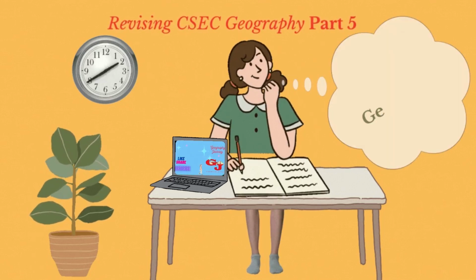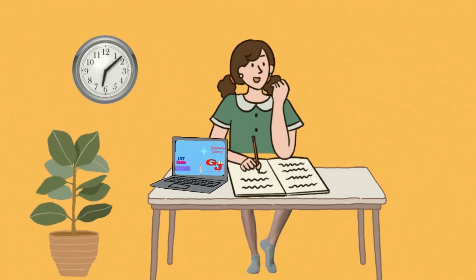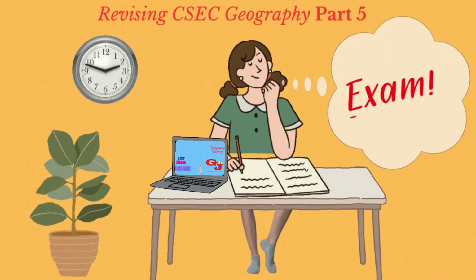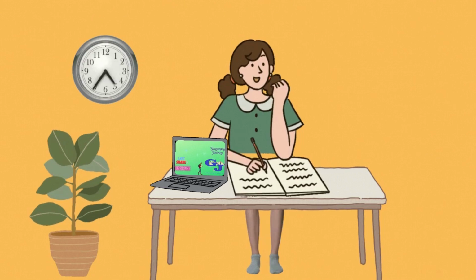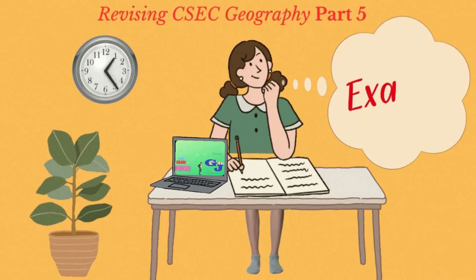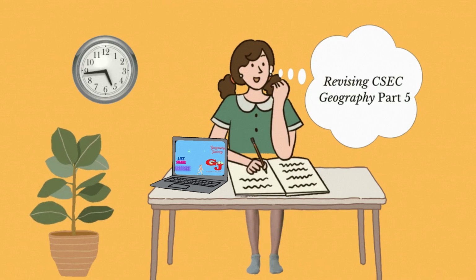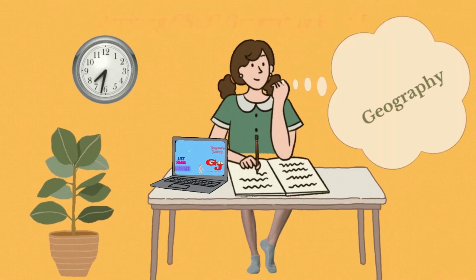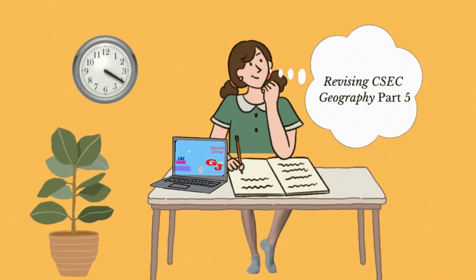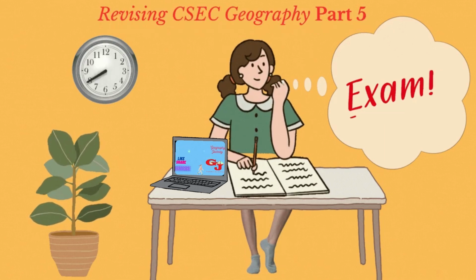We are going to continue with our revision. So far, we have talked about volcanic activities and landforms, impacts of volcanic hazards, plate tectonics, impact of climate change on the Caribbean and the UK, sugar cultivation in Guyana and Brazil, food processing in Singapore and the Caribbean, characteristics of tropical rainforest and latosolic soils, negative and positive impacts of people on the tropical rainforest.